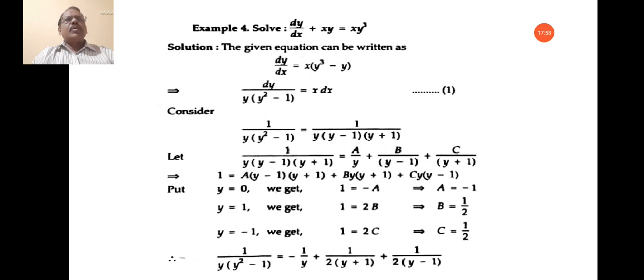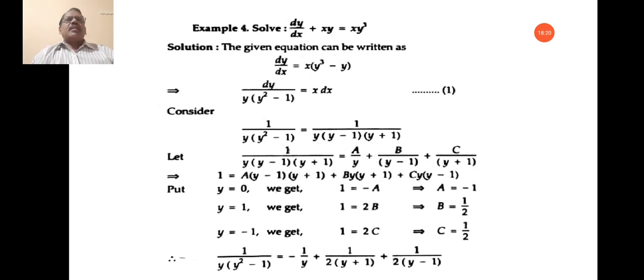You also take y as common factor, x into y (y square minus 1). Separating the variables, dy by y (y square minus 1) is equal to x dx. So here the variables are separated.